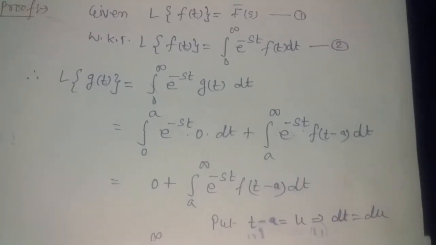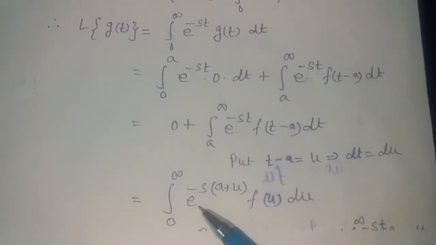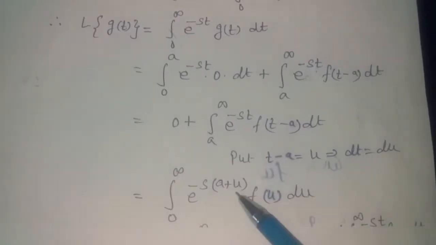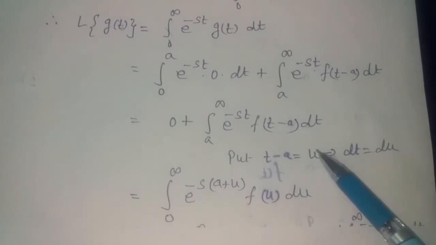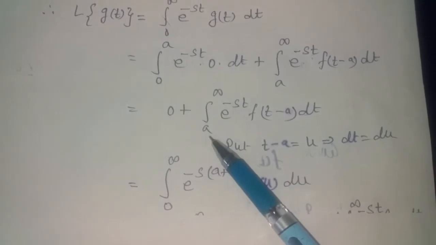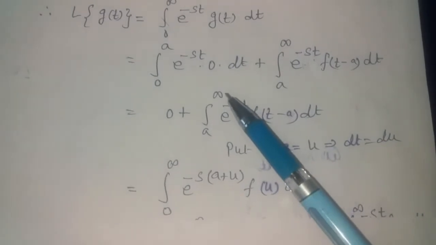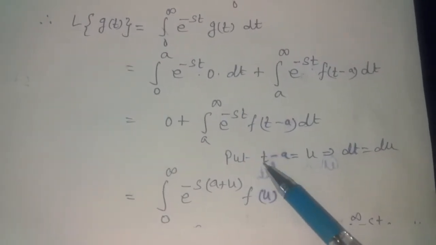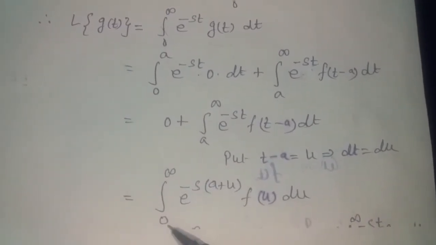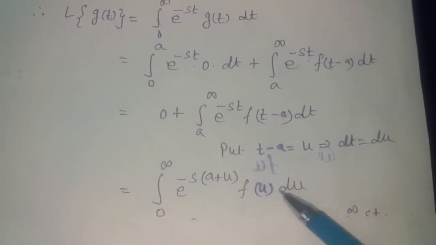Then this integral after substitution becomes e raised to minus s times (a plus u), since the value of t is a plus u, and f of u, and dt becomes du. For the limits of integration, the lower limit of t is a, so we get the lower limit of u as 0, and the upper limit of t is infinity, so infinity minus a, we get the upper limit of u as infinity. So the integral is from 0 to infinity of e raised to minus s into (a plus u) f(u) du.